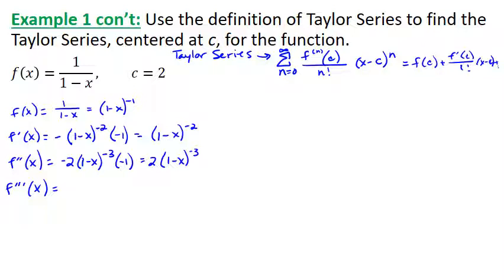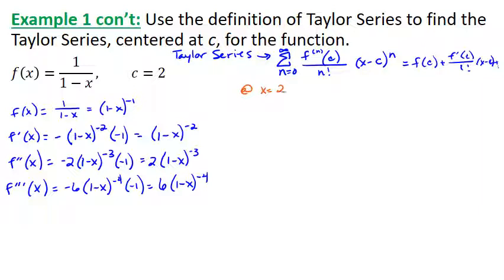So this gives me a negative 6 times the quantity 1 minus x to the negative power of 4 times negative 1. So I have 6 times the quantity 1 minus x to the negative power of 4. Once we have found our derivatives, then we want to evaluate our derivatives at x equals c.